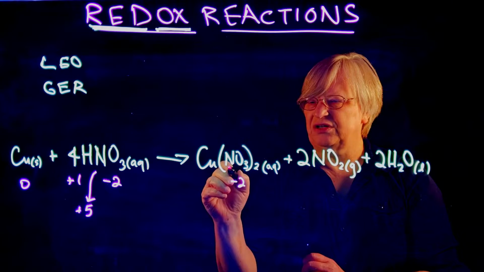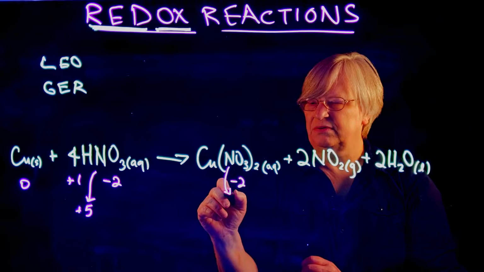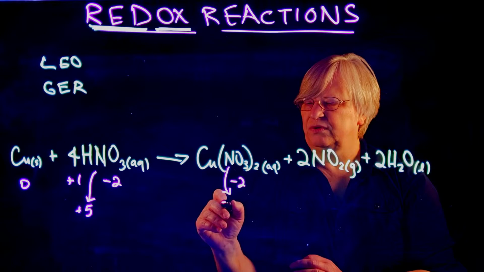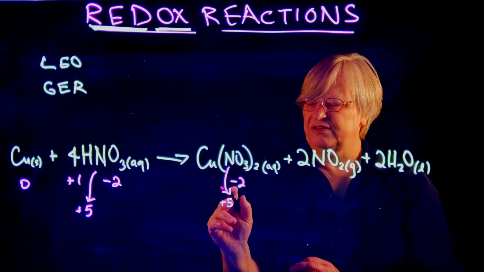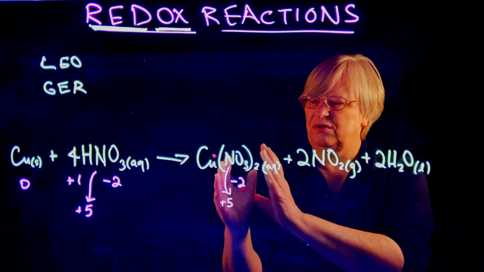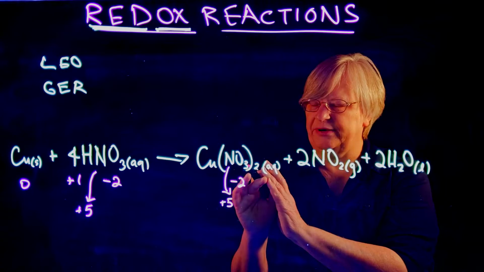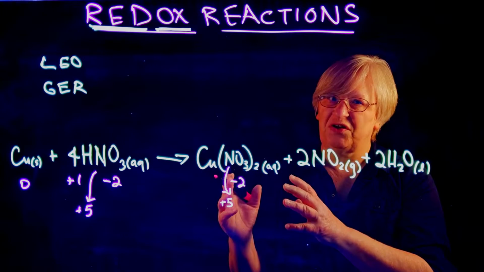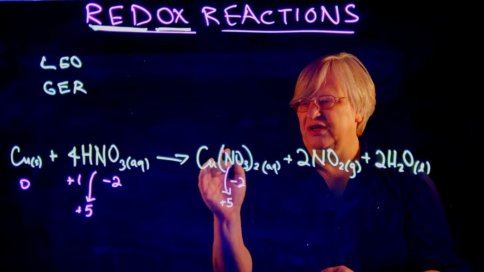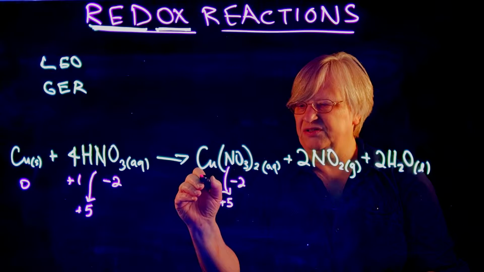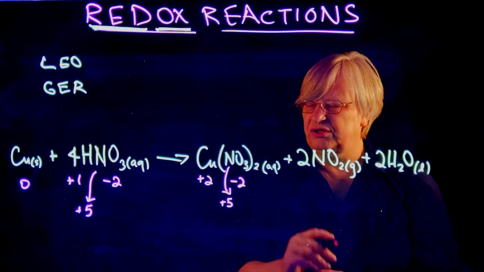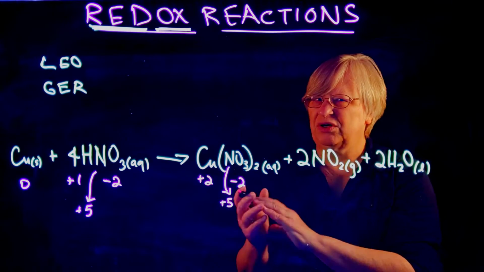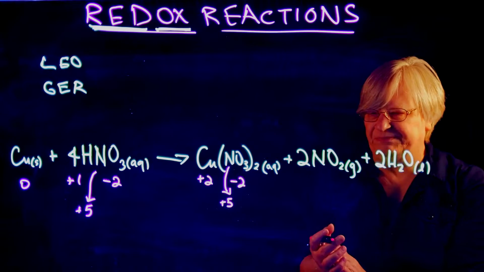So what does the nitrogen have to be to make that happen? Well, it's going to have to be a +5, right? +5, 3 -2s, that whole nitrate adds up to a -1. The other way to do that is to count how many nitrogens you have altogether, how many oxygens you have altogether. You know that the copper has to be a +2 because that's his ionic charge. And you could just add the whole thing up to 0. It's a little more complicated, but it works just fine as well.